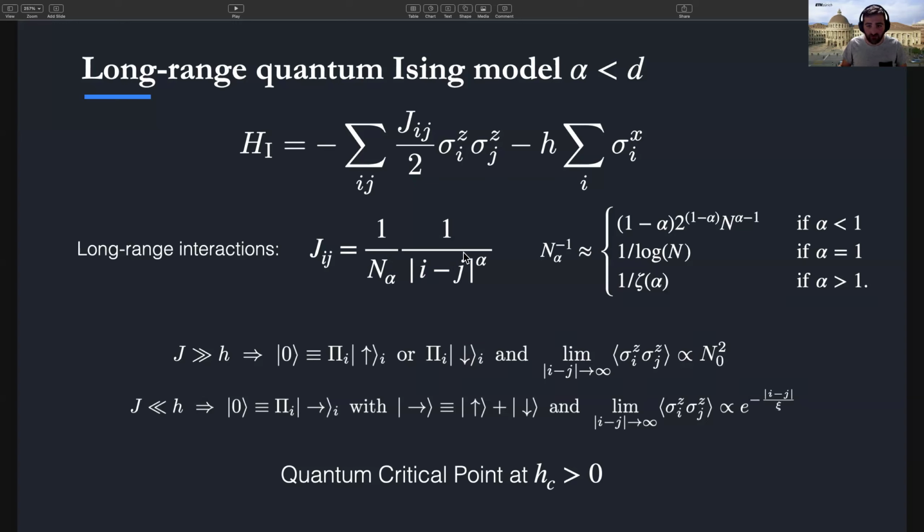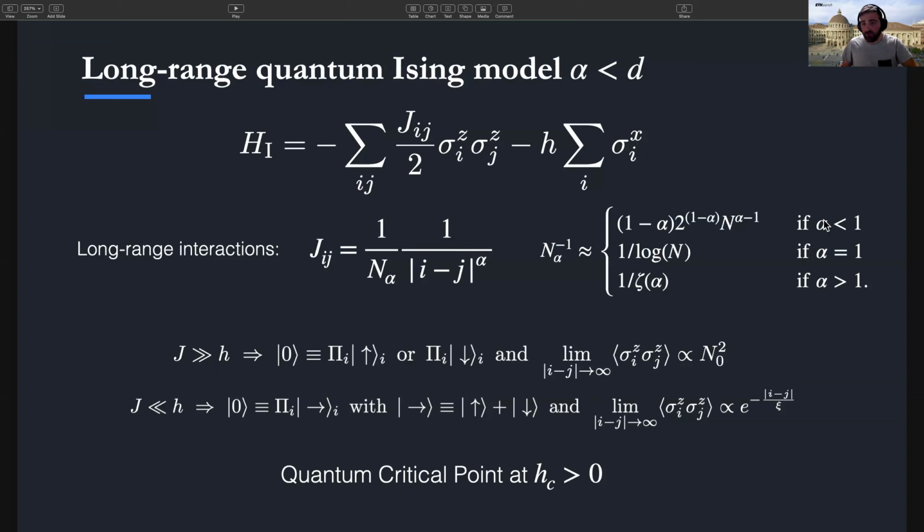And as a function of the power alpha, there are different interesting regimes. There is when alpha is larger than 1, which is the dimension of the system, these interactions basically modify the low energy spectrum of the quantum phase transition, but they leave the thermodynamic properties mostly unaltered.